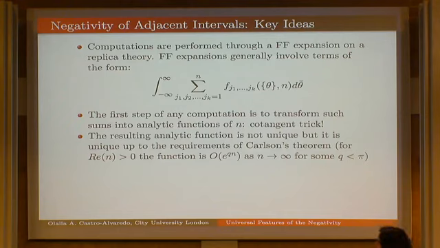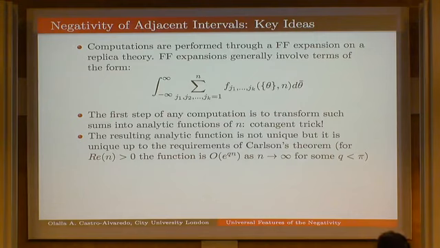Carlson's theorem essentially gives you a condition under which you can be sure this analytic continuation is unique. Now you can ask whether this condition is something we should desire, but it seems to work for every model we have looked at. It seems to work very well. It singles out a particular function, and you can then take that function and do consistency checks, and we have never found any problem with it. So that's the extent of our evidence.